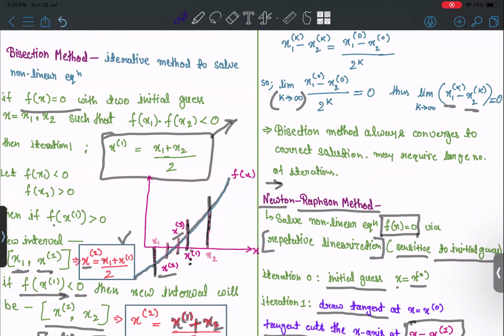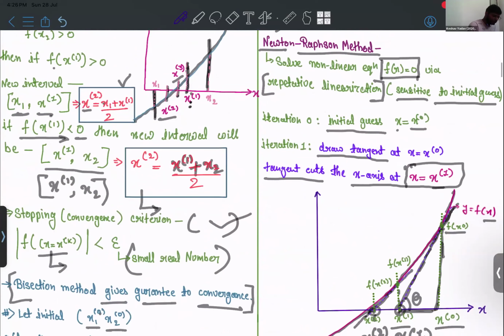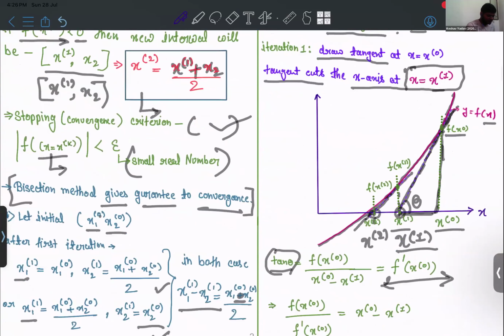The next guess is the mean of these 2 points, x1 plus x2 divided by 2. The beauty of the bisection method is that it guarantees convergence, but the disadvantage is that it is very slow and takes a large number of iterations to converge.